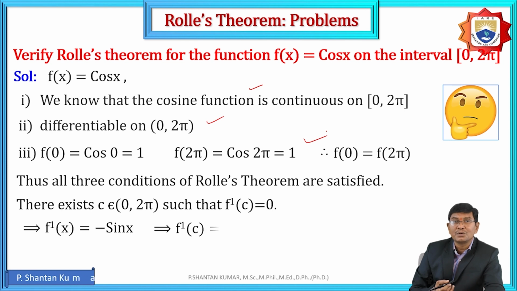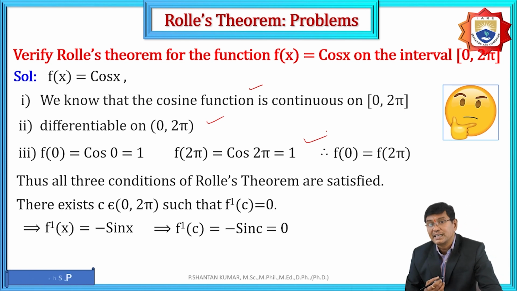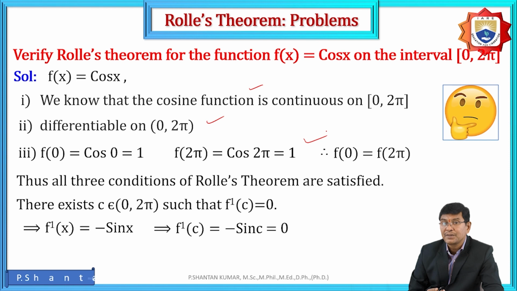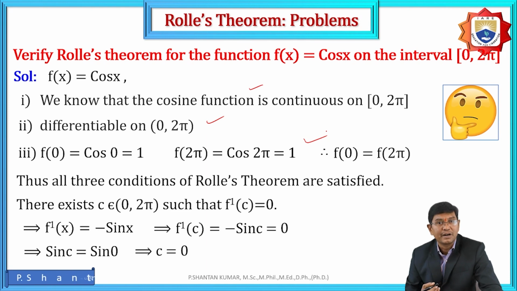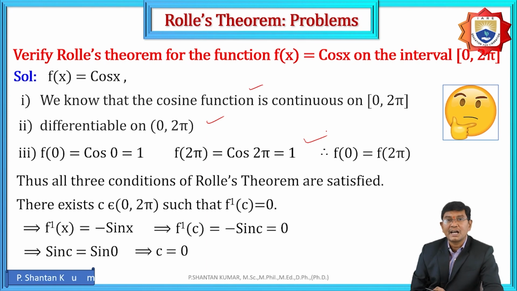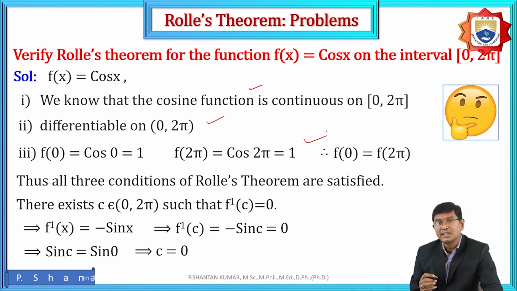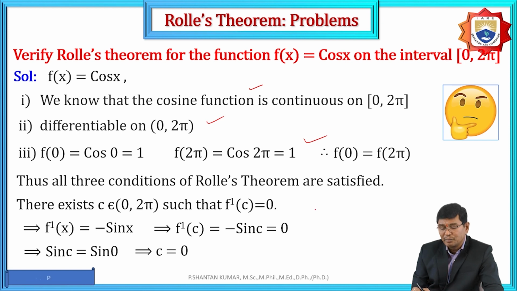Therefore, minus sin c is equal to 0 means sin c is equal to 0, which is sin 0. So c is equal to 0 is a particular point. In general, the general value of sin c equal to 0 is c equal to plus or minus n pi.